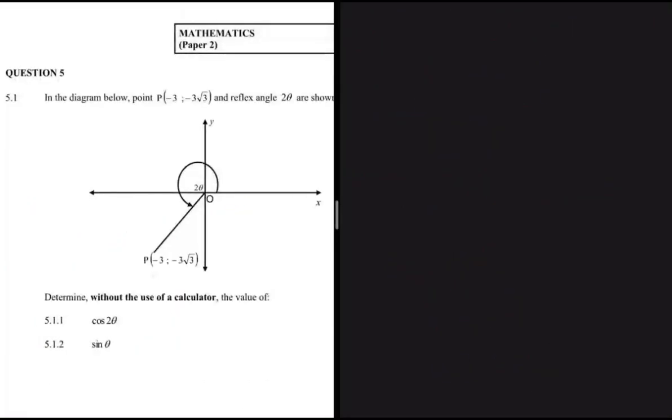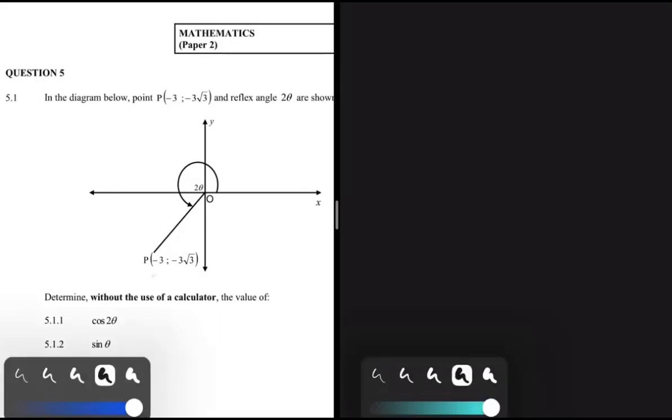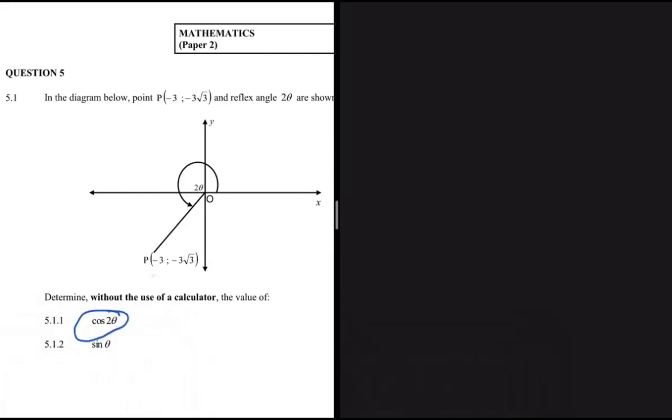This question just shows how important it is to always read the question and analyze the information before attempting any question. Because when I looked at 5.1.1, I thought, okay, we have cos of 2 theta, so I'm going to use a double angle identity here.